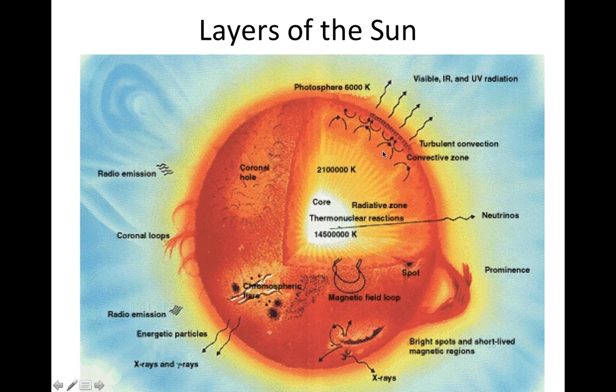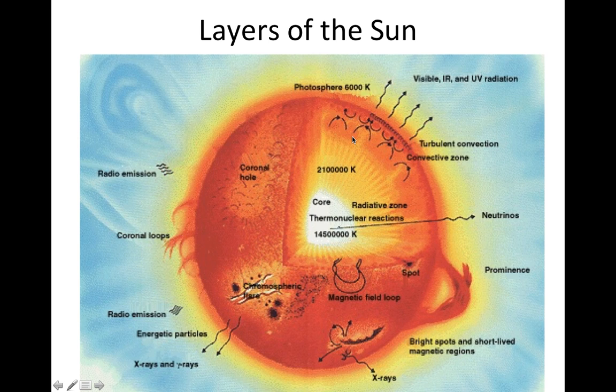In the convection zone, the temperature decreases rapidly from the 2 million Kelvin to the temperature at the top of the photosphere, which is 6,000 Kelvin. That is the temperature right here at the surface of the sun.